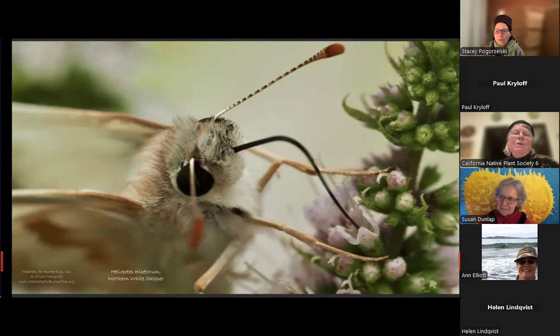And Janet Burnham has a question about puddling of butterflies and how to create that habitat in the garden. Puddling is a unique behavior, and it's mostly a male butterfly activity. But ideally, if you want to attract a whole flock of butterflies, then you want to have some puddling happening there too.